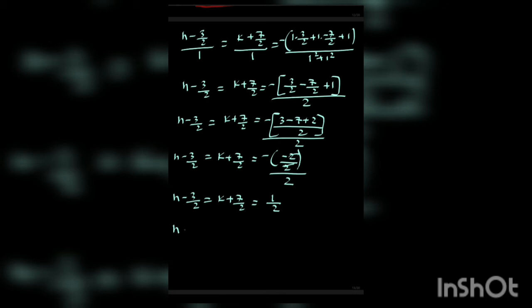Now separate: H minus 3 by 2 is equal to 1 by 2. So H is equal to 1 by 2 plus 3 by 2, which is 4 by 2. So 4 by 2 means H is equal to 2. And same like that, K plus 7 by 2 is equal to 1 by 2. So K is equal to 1 by 2 minus 7 by 2.